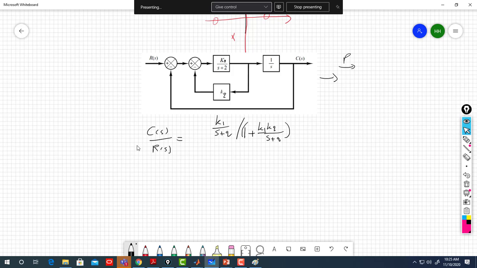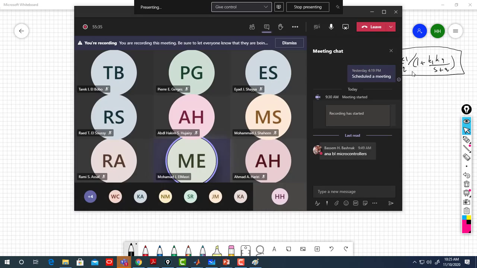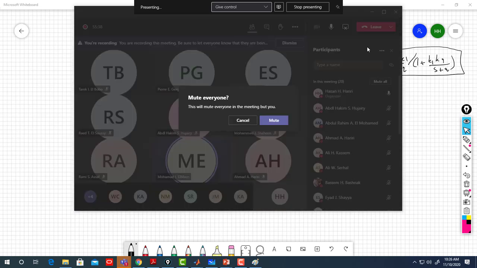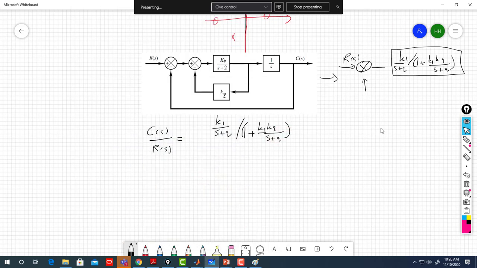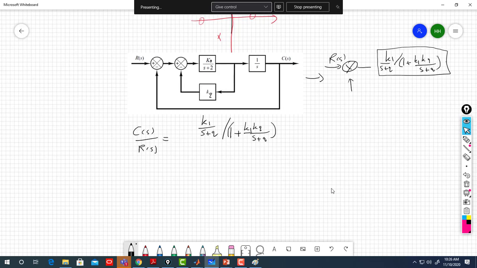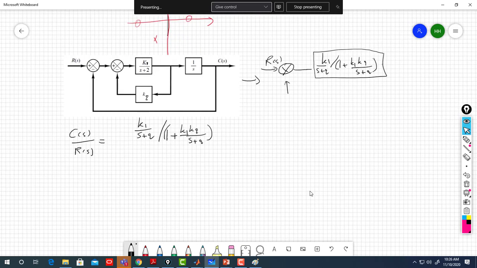So then R of S, and in here you have 1 over S, then 1 over S, C of S, and here you go, right?